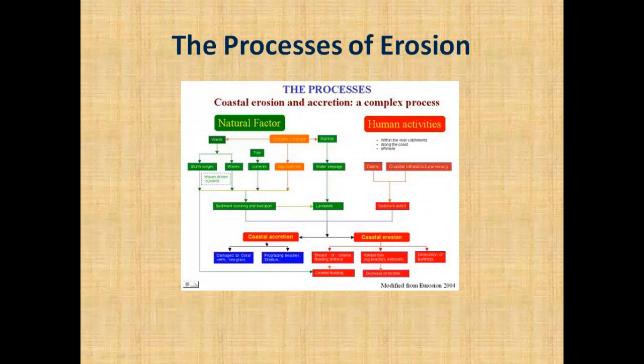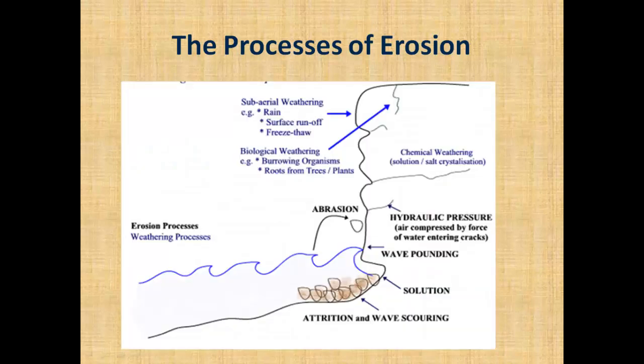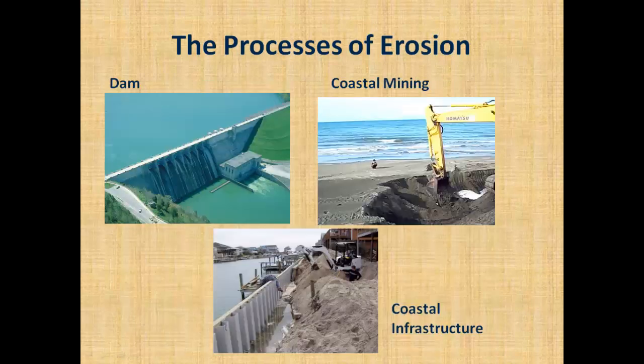Those were the natural factors of erosion. Now we're going to talk about the human factors of erosion, which I have a picture here. Here are some human factors of erosion. We have dams. Then you have coastal infrastructure such as seawalls and jetties.